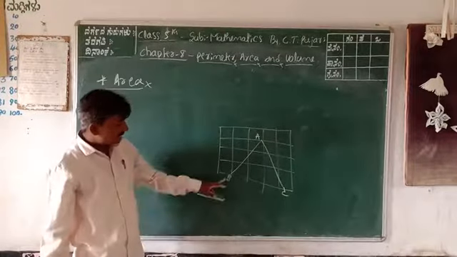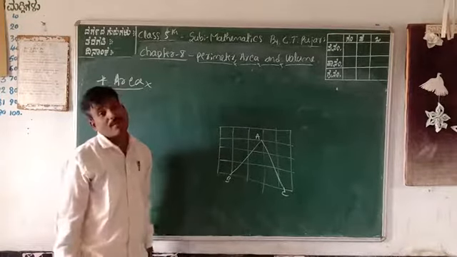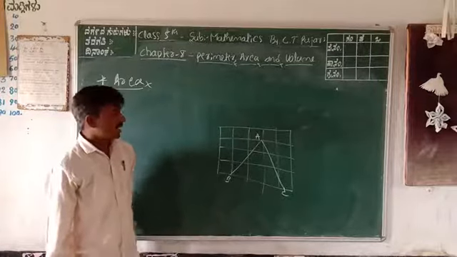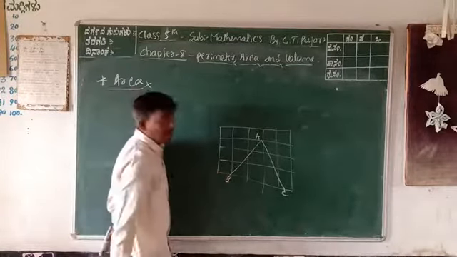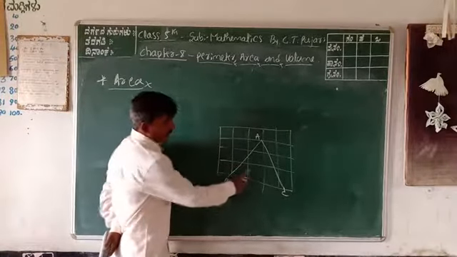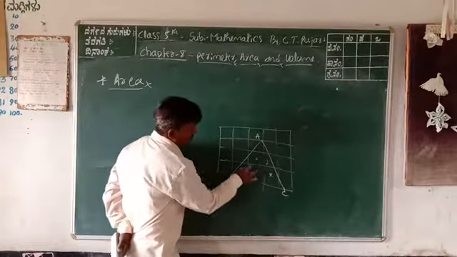What is the area of this triangle? We don't know the formula. Only graphically, you can find the area of the triangle. First, the square units are here. This is one square unit. 1, 2, 3, 4, 5, 6 are there.